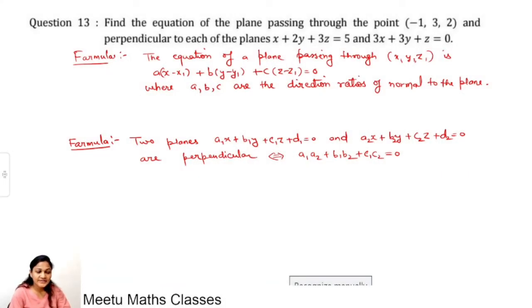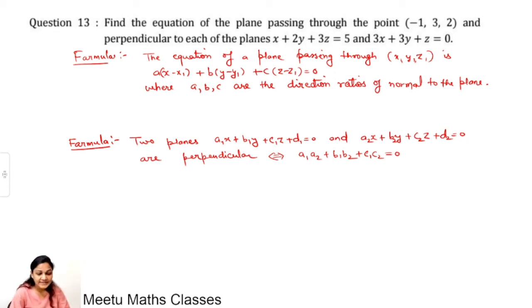Now your next question is question number 13. That is, find the equation of the plane passing through the point minus 1, 3, 2 and perpendicular to each of the planes x plus 2y plus 3z is equal to 5 and 3x plus 3y plus z is equal to 0. So first of all, there is a formula to find the equation of a plane passing through a point.